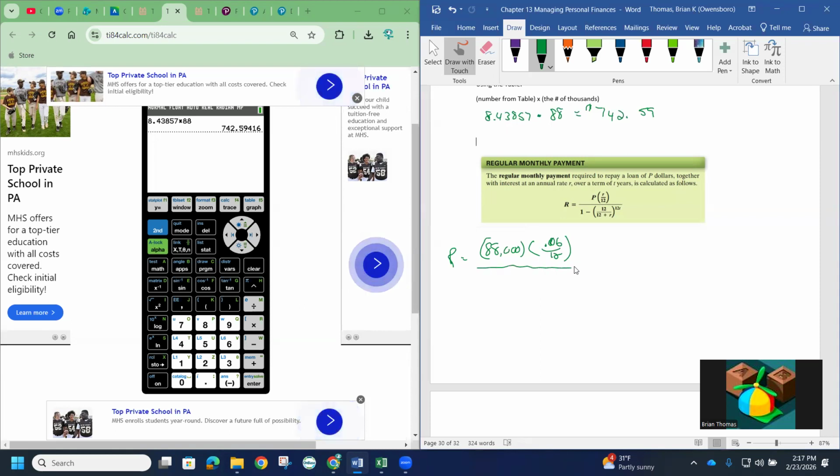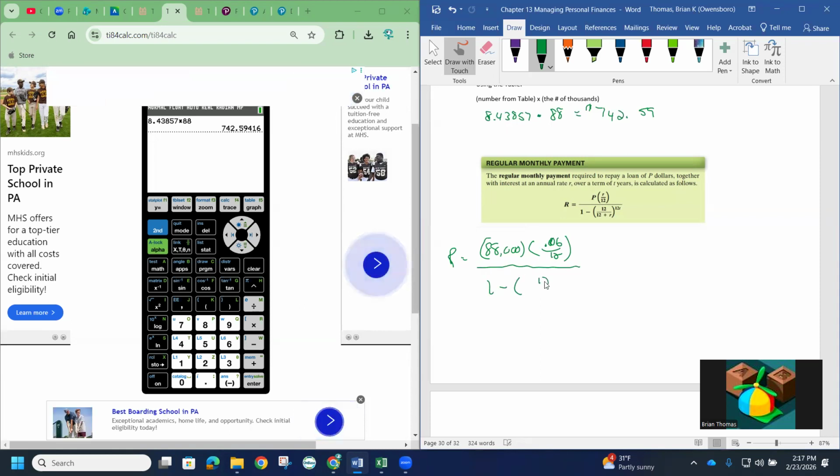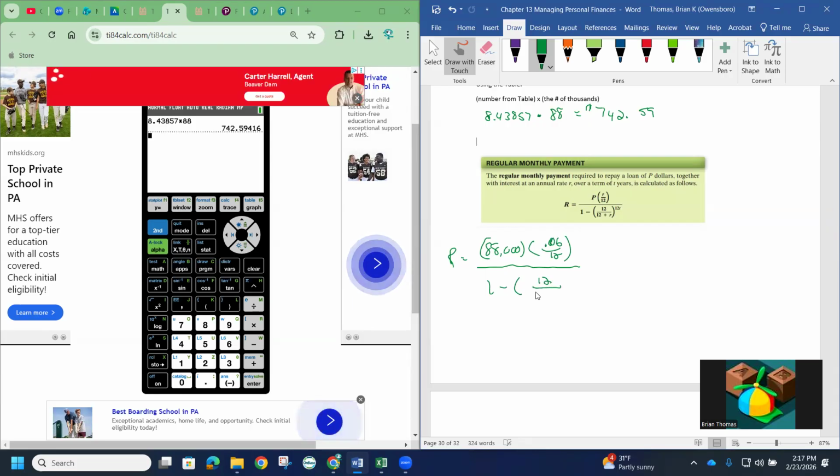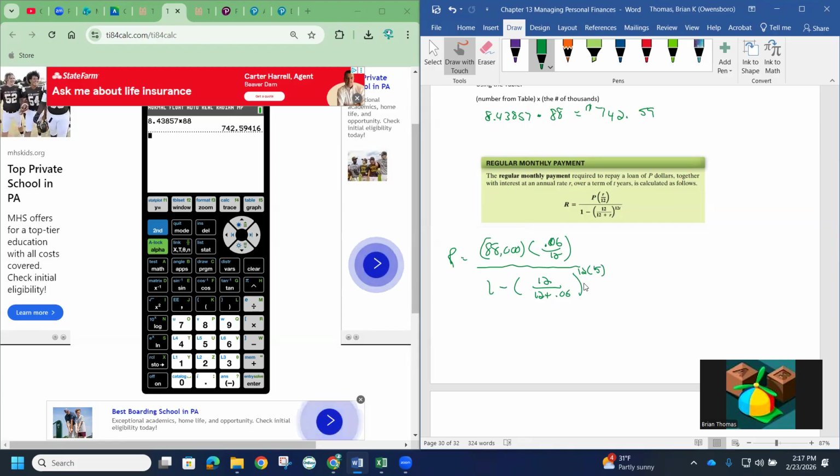And then all this is going to be divided by 1 minus the quantity 12 over 12 plus my rate of interest, 0.06, raised to 12 times the number of years. The number of years was 15. If we do that math, we should get the same answer.